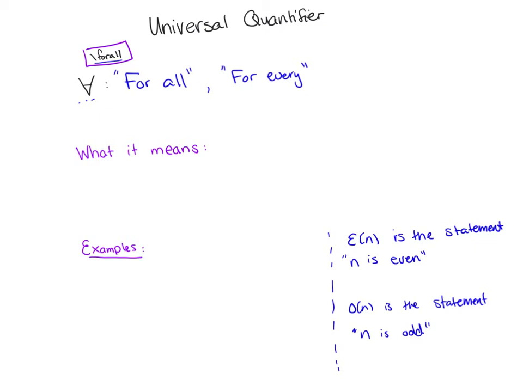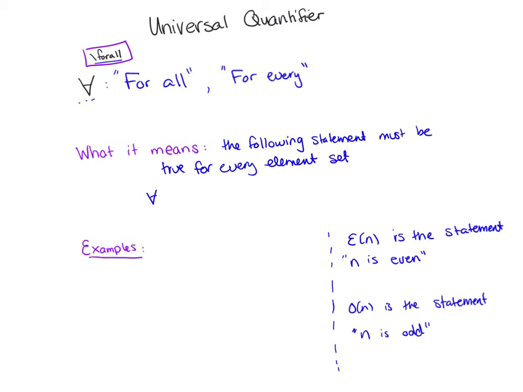What it means is that the following statement, whatever statement comes after it, must be true for every element in the set. So a for all statement is only true if the statement is true for every element in the set. Usually I'll say something like for all x in S, and then I'll have an open sentence p of x with the variable x.